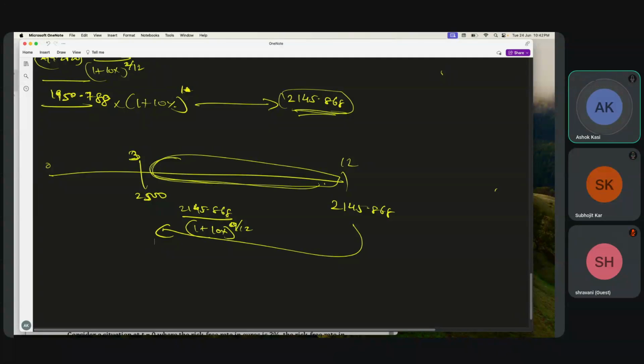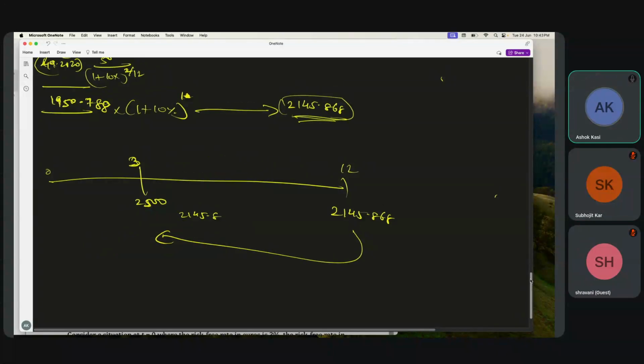It's 1997.8286. So the difference is the profit, which is 502.171.